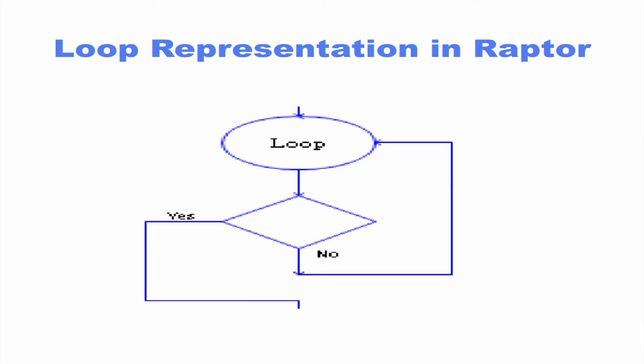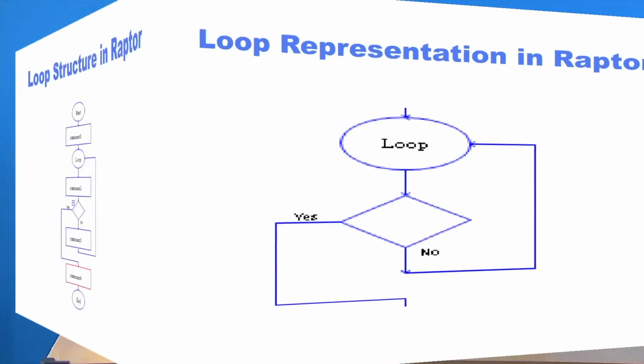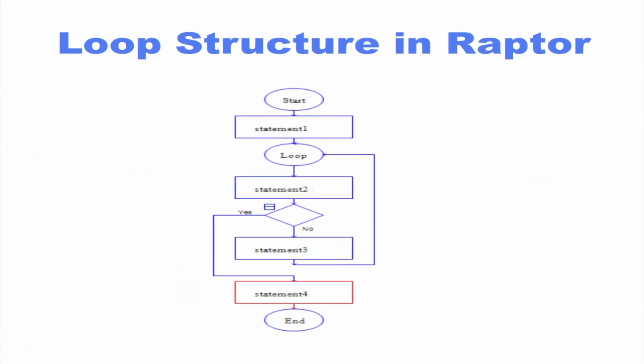Let me clearly explain how a loop statement works. Now look into looping structure on the screen. In this case, statement 1 is executed only once before the loop begins. The statement 2 will be executed at least once because it comes before the decision statement. If the decision expression evaluates to yes, then the loop terminates and the control is passed to statement 4.